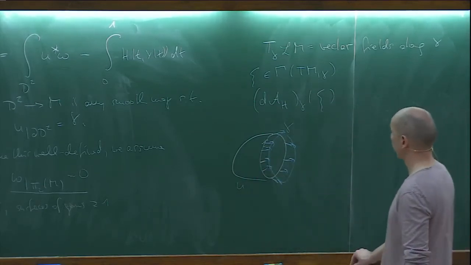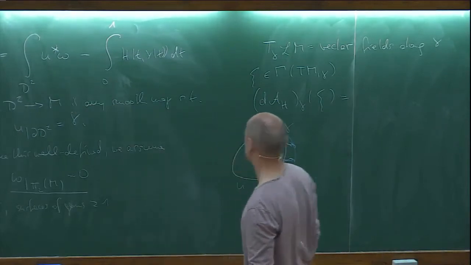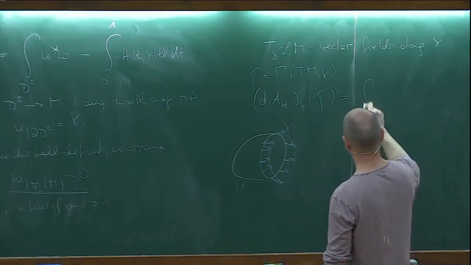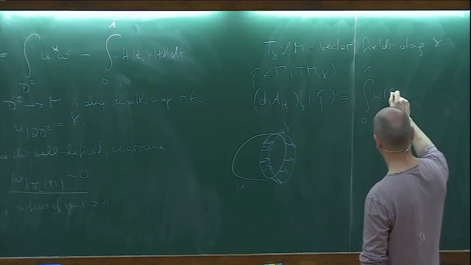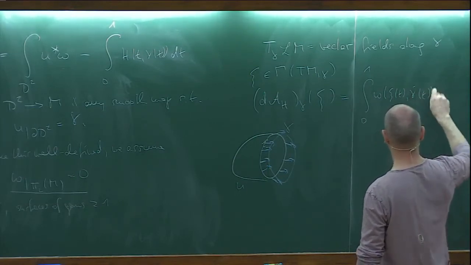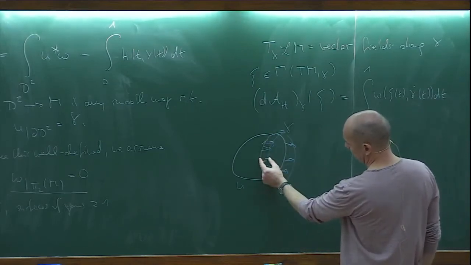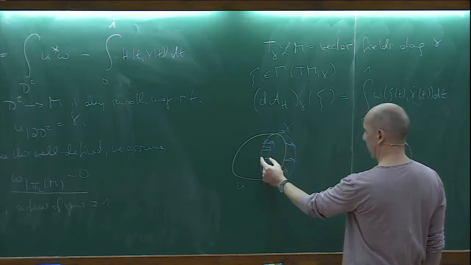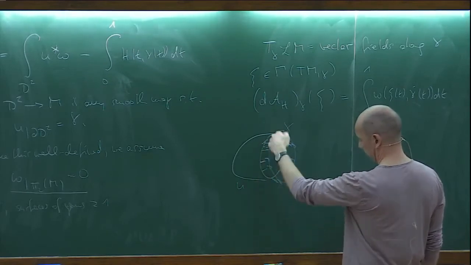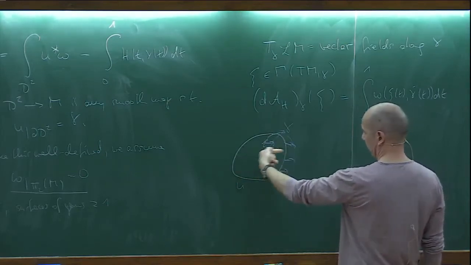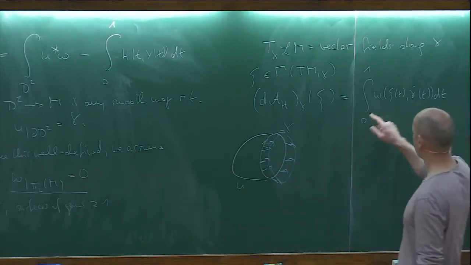So I claim that the first term, if I differentiate it, gives the integral from 0 to 1 over gamma of omega of C(t) and gamma dot of t, dt. Essentially, the color has two coordinates, the t coordinate and the transverse coordinate, and if I take the derivative of its area with respect to omega, this is what I get.